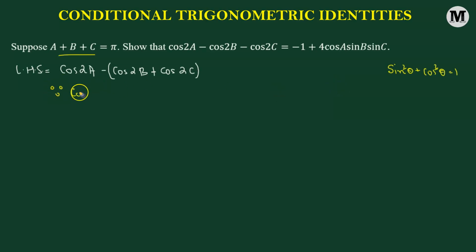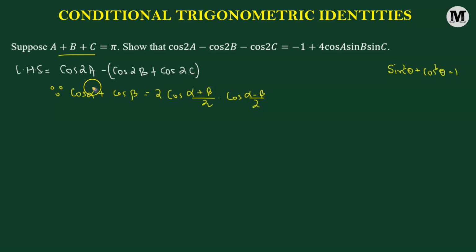Since cosine of angle alpha plus cosine of angle beta is given by 2 times cosine of the angle alpha plus beta over 2 multiplied by cosine of alpha minus beta over 2.